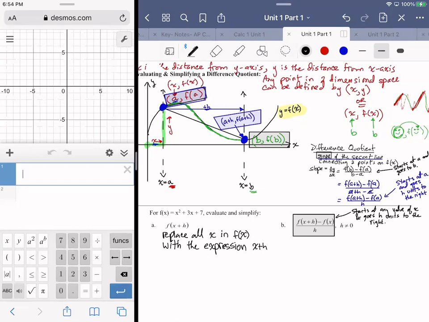All right. So I'm going to rewrite my original function f of x. Everywhere I see an x, now there's an x in multiple places here. Everywhere I see an x, I'm going to replace it with an x plus h.